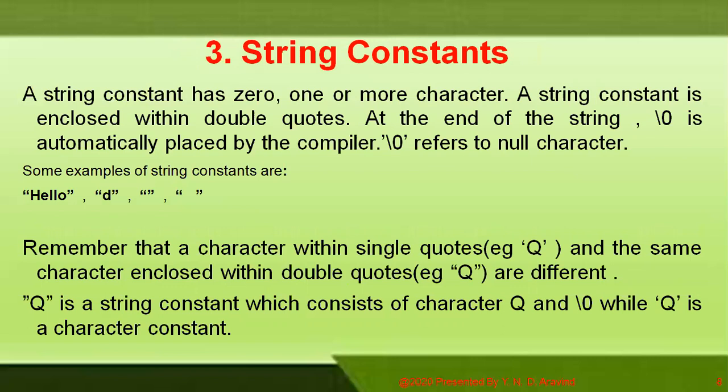At the end of the string, \0 is automatically placed by the compiler. \0 refers to the null character. Some examples of string constants are shown here, in double quotations, like "hello", "D". So even a single character, if it is represented in double quotations, is called a string.